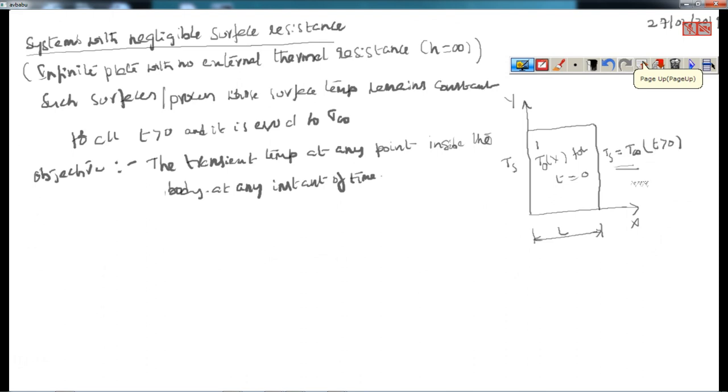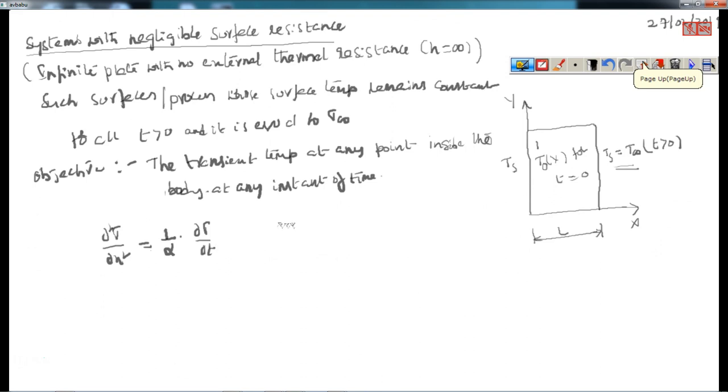Now we need to write it in mathematical form. The mathematical form for transient heat conduction is del square T by del x square is equal to 1 by alpha into del T by del t. This you are already aware of.